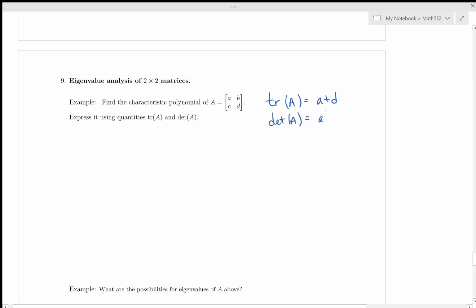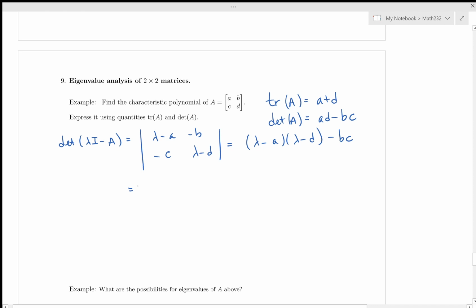and the determinant of A is ad minus bc. So now I'm going to compute the determinant of lambda I minus A, and that is going to be this thing here, lambda minus a, minus b, minus c, lambda minus d, and that's going to look like this, lambda minus a times lambda minus d minus bc, and that is equal to lambda squared minus a lambda minus d lambda plus ad minus bc.